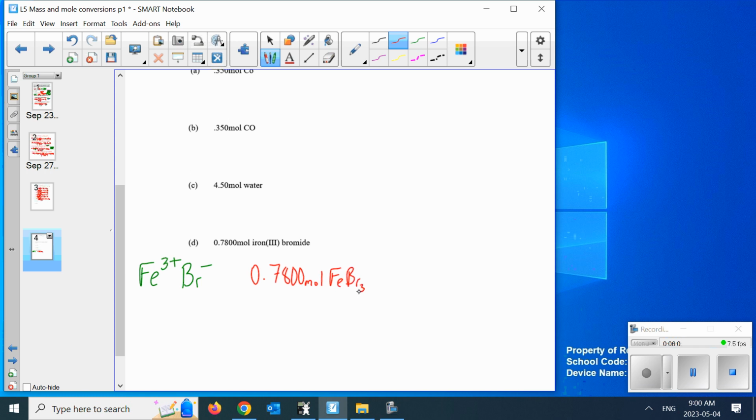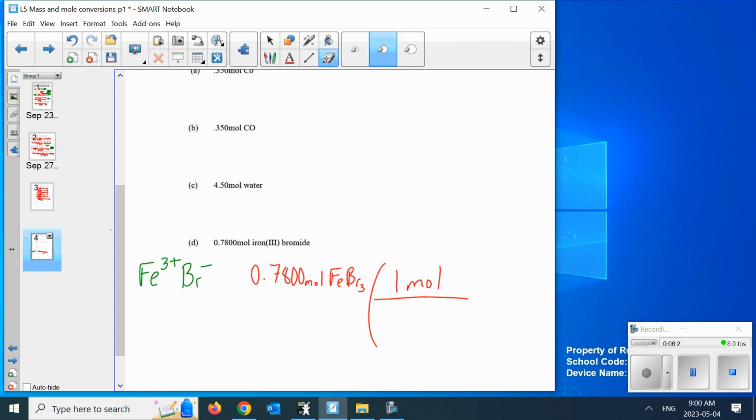That's important because, add it up, 3 bromine. So the Fe, the iron, 55.8 plus 3 groups, so 3 times 79.9, 295.5.